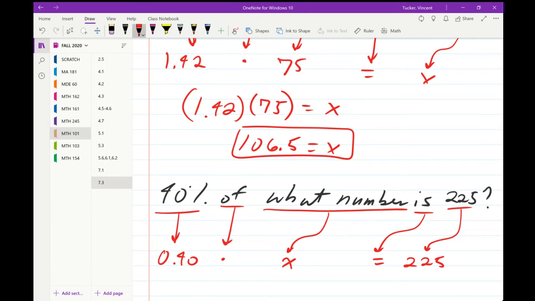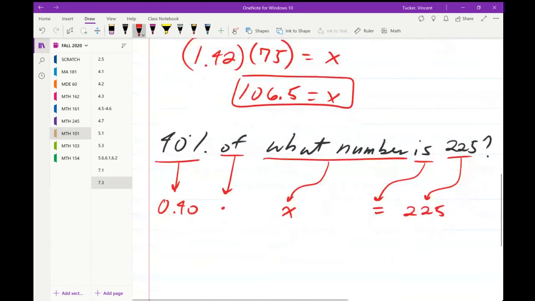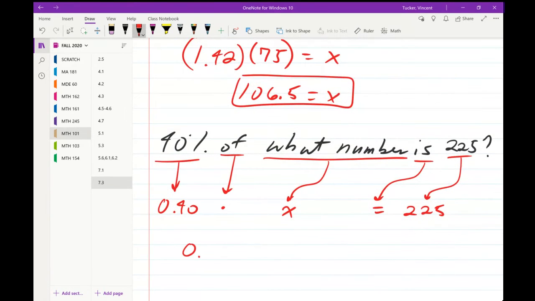That's 225. So we have 0.40x equal to 225.